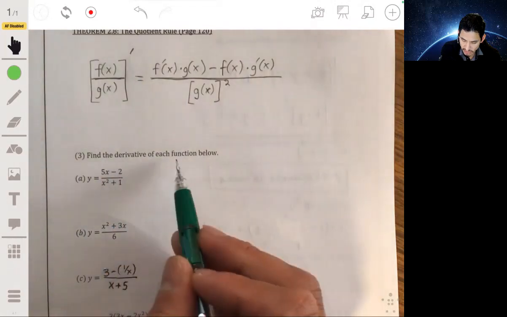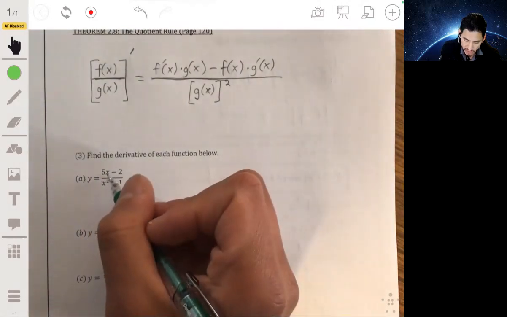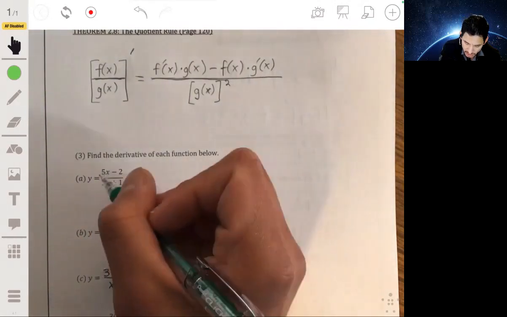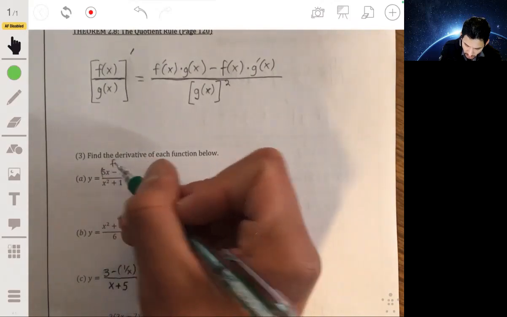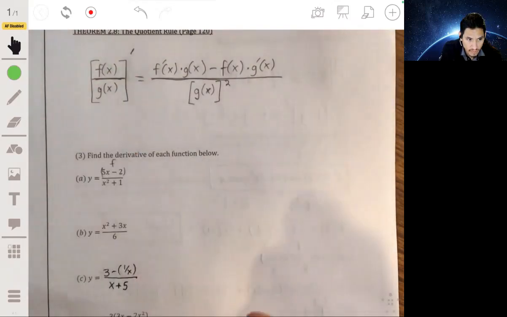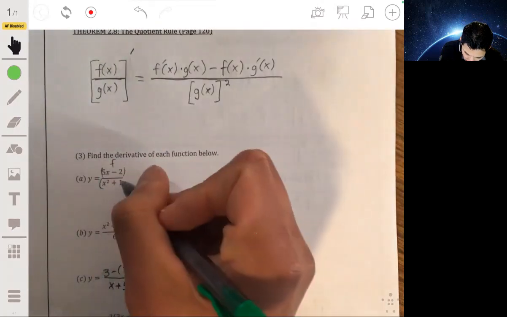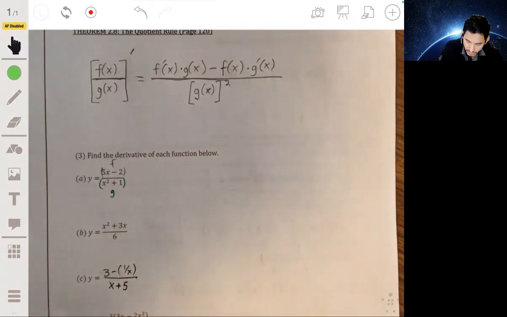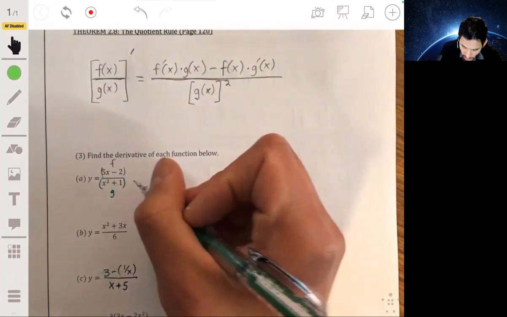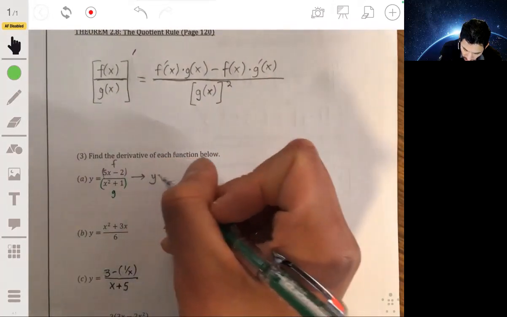Okay, so we've got to find the derivative of each of these functions, and we've got a quotient. On top here, this is our f, and down here, that's our g. We want to find the derivative of y, so we want to find y prime.